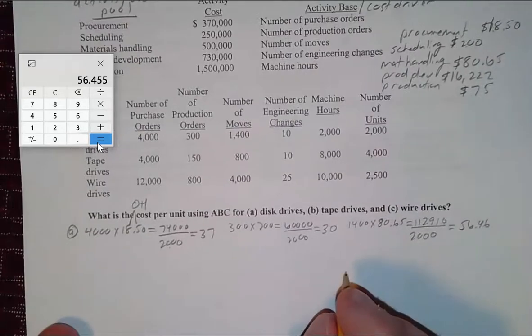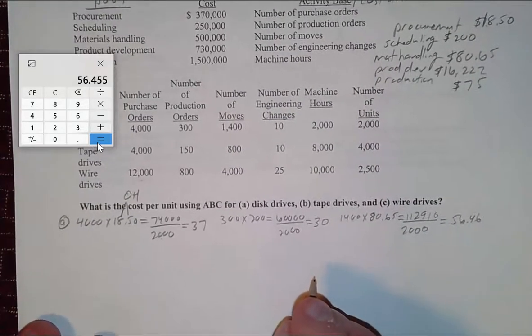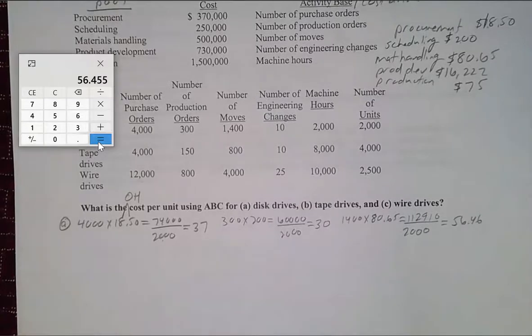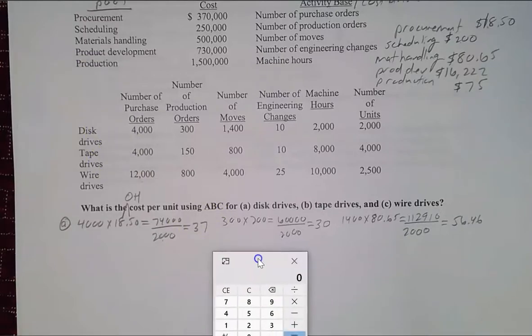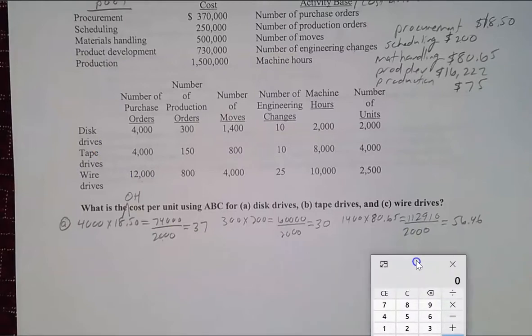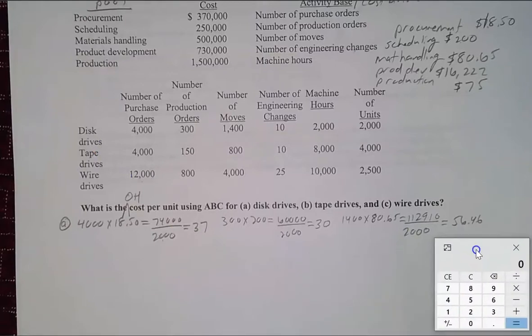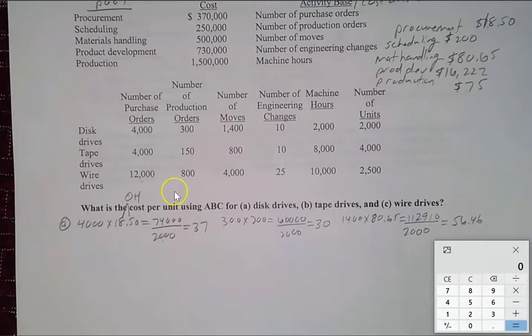Okay. And we have to do this a couple more times just to get the cost for disk drives, and that may be all we have time for in this video. So let's see what else. Let me move this right over here. I think it'll get out of the way a little bit.